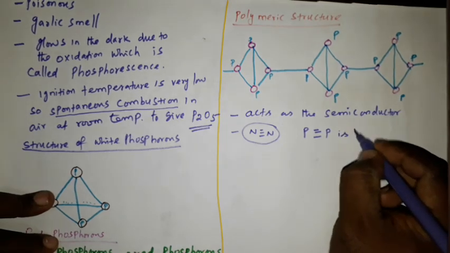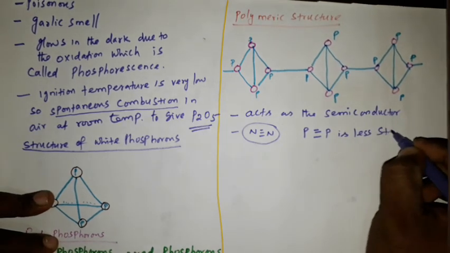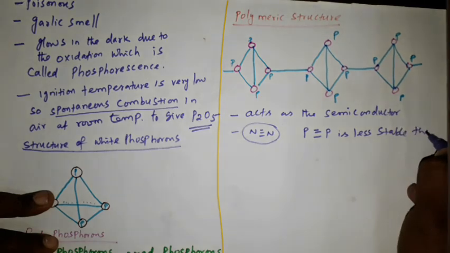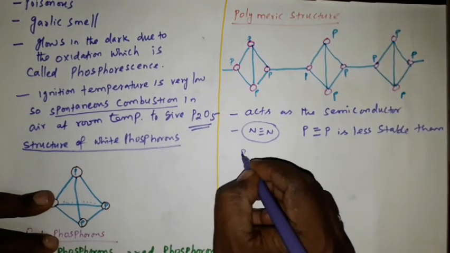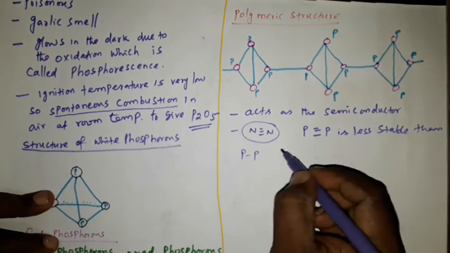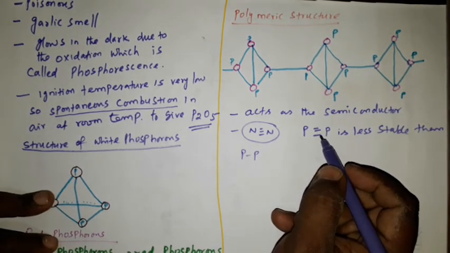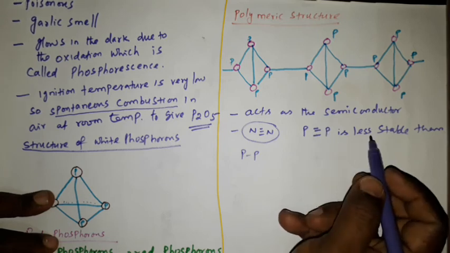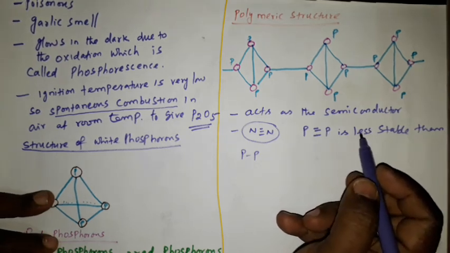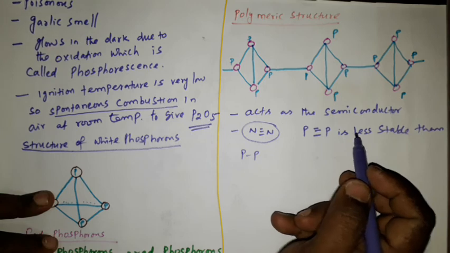It is less stable than the phosphorus to phosphorus single bond. Okay, so this is more stable than P triple bond P. So P triple bond P is very less stable, so it cannot stand for a long time.